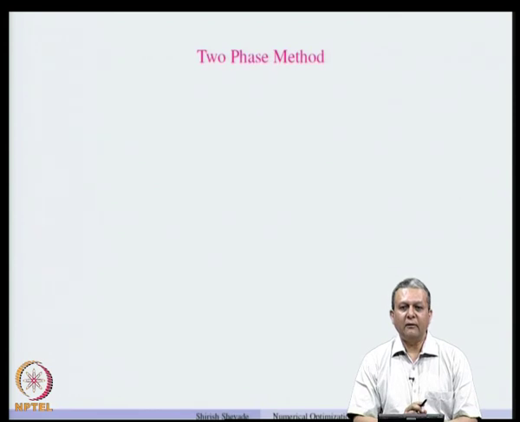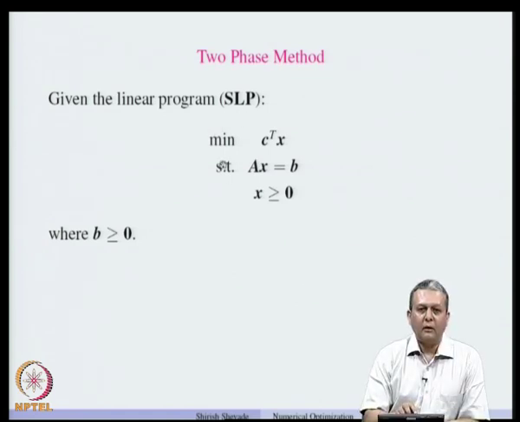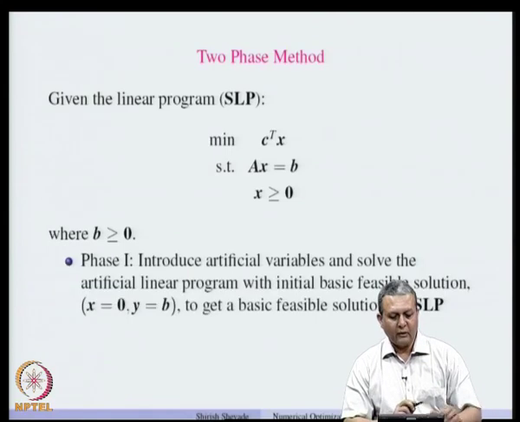Remember that in phase 1, to find out whether a basic feasible solution exists or not, we need to solve an artificial linear program, and that can be solved again using simplex method. So, given the standard linear program, minimize c transpose x subject to Ax equal to b, x non-negative and b is also non-negative.